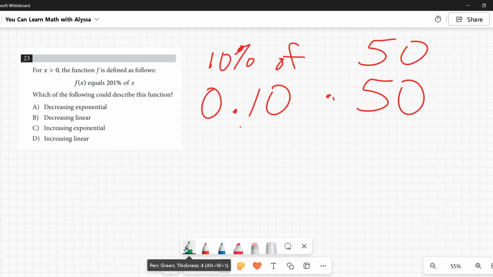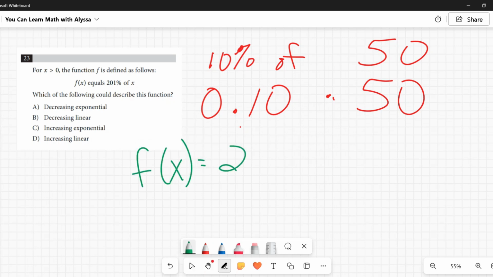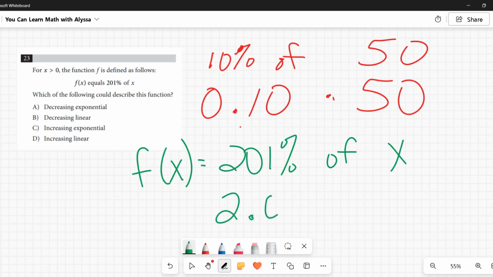Now they're telling us here that it's f of x equals 201% of x. Well, let's do the same thing we just did. 10% of 50 was 10% written in decimal form times 50. So 201% of x should be 2.01, which is 201% written in decimal form, times x.